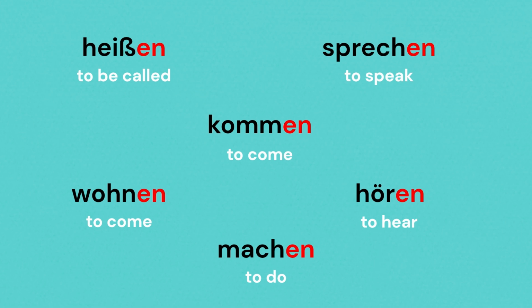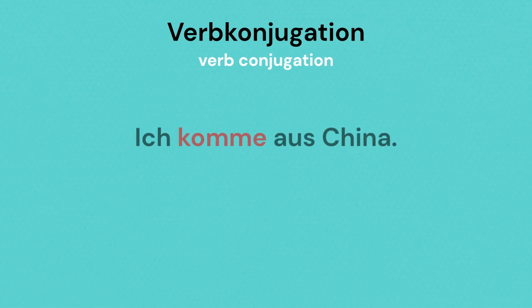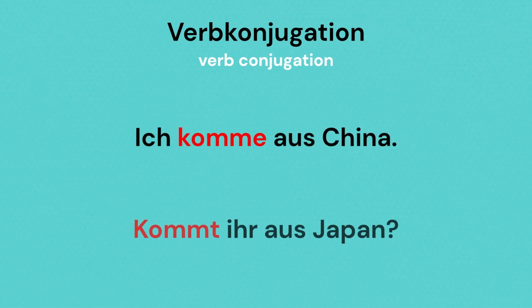However, when we make a sentence, the verb has to be conjugated. Here are two examples. Verbkonjugation. Ich komme aus China. Kommt ihr aus Japan? As you can see, both these sentences have the same verb, but it is conjugated differently.